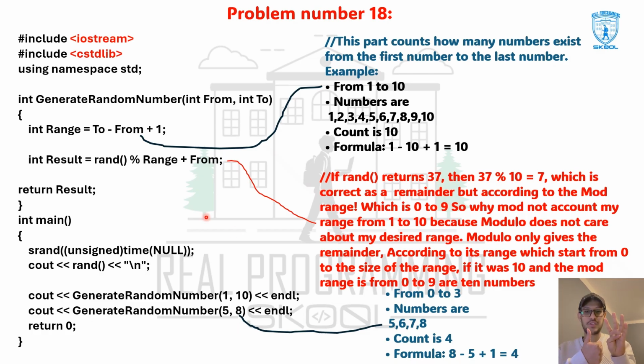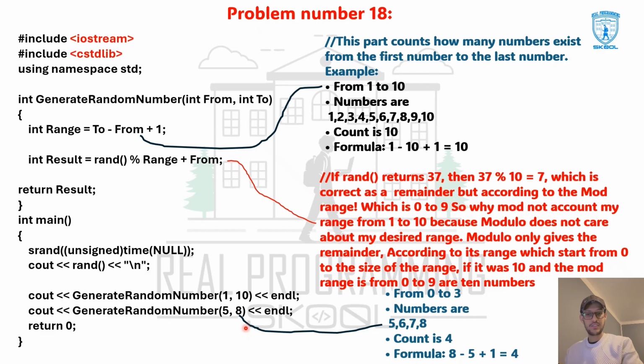Why wrong? Because our range starts from 5 to 8. To let the compiler return a random number according to our second range, we have to shift the modulo range by using plus from, because for the second time our range starts from 5 to 8. We have to shift the modulo range to our range every time.